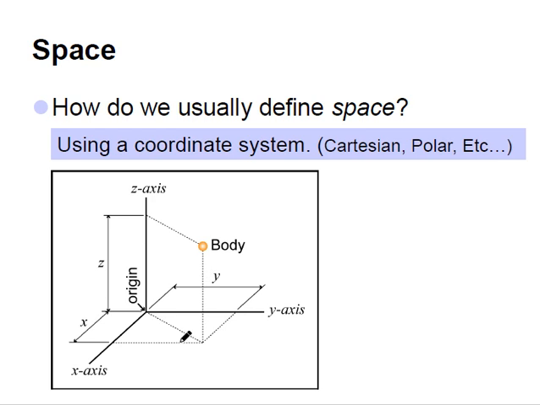We have Cartesian, polar, and different coordinate systems. This is just showing you a coordinate system. This is how we define the region, define the space, for us to study objects in that space in dynamics. So we have the x-axis, y-axis, and z-axis.